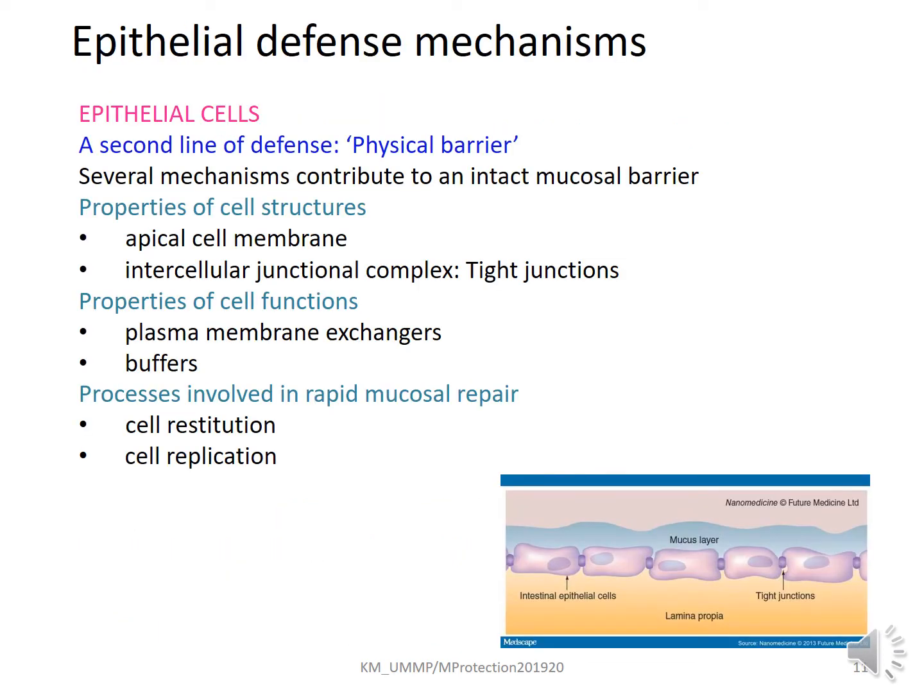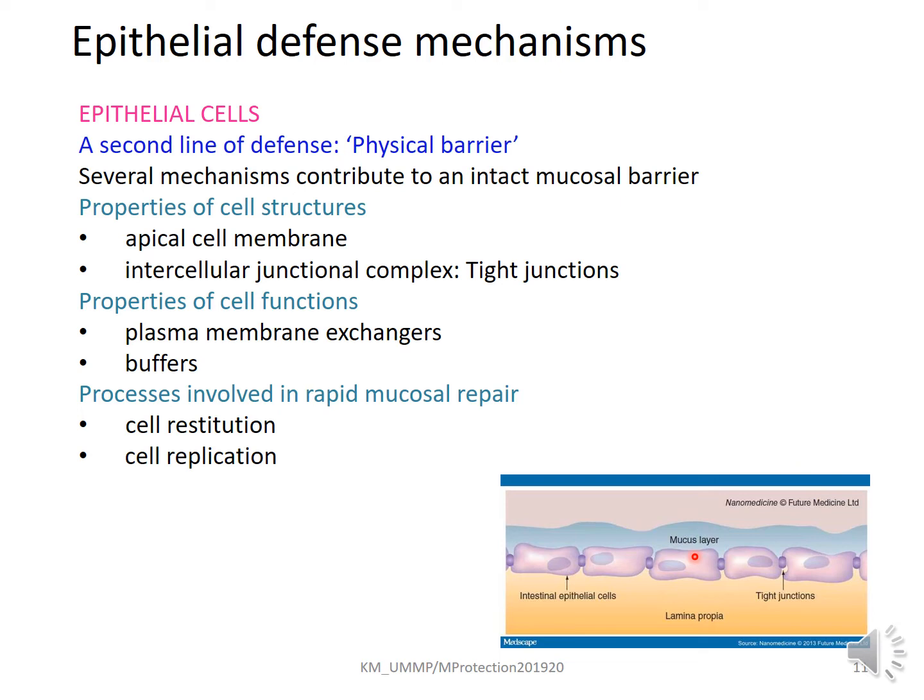A second line of defense is made up by our epithelial cells themselves. The epithelial cells set up the physical barrier. At the apical surface of the epithelial cells, there are tight junctions. As its name suggests, it is very tight, so the harmful substance from the lumen cannot go into the interstitial space. Here, there are a lot of plasma membrane exchangers and buffers.